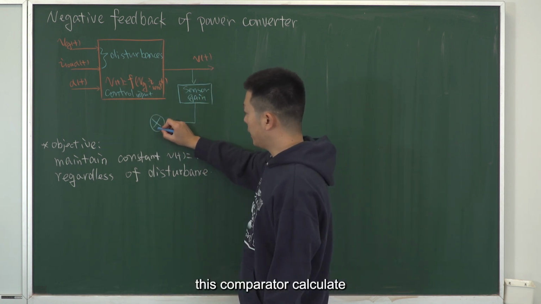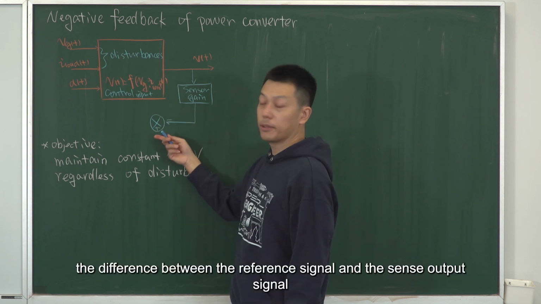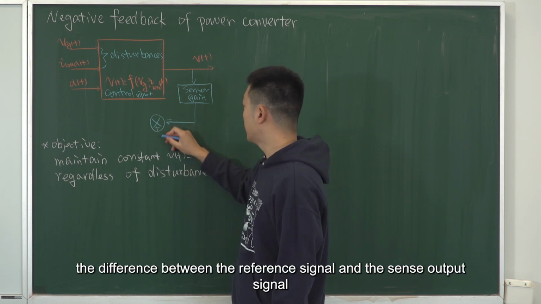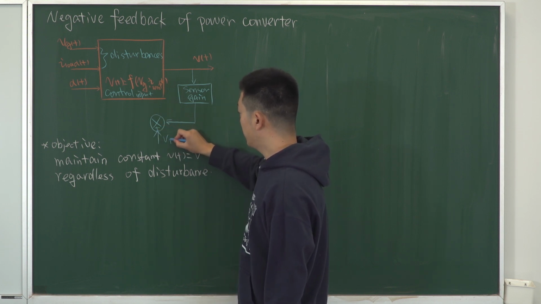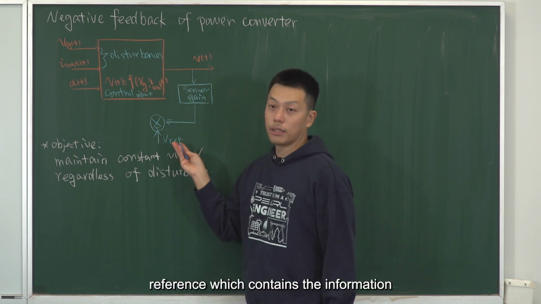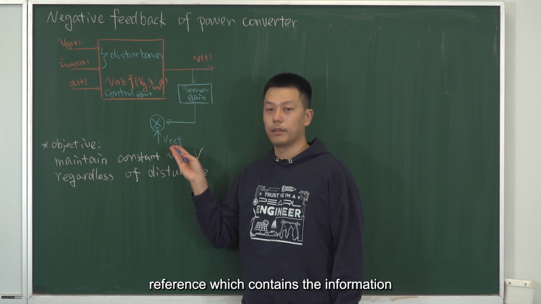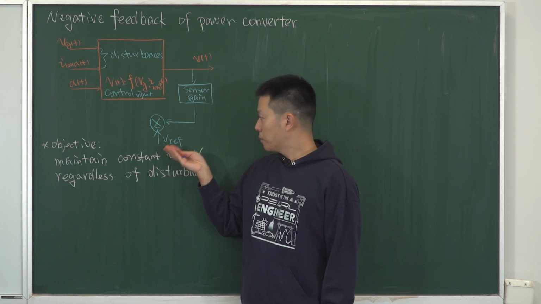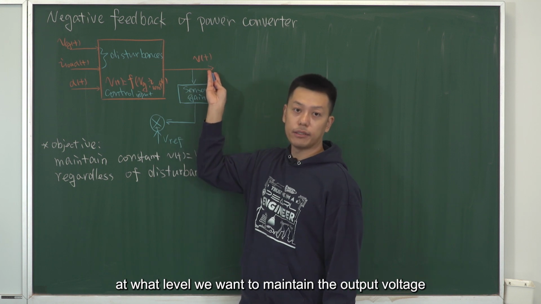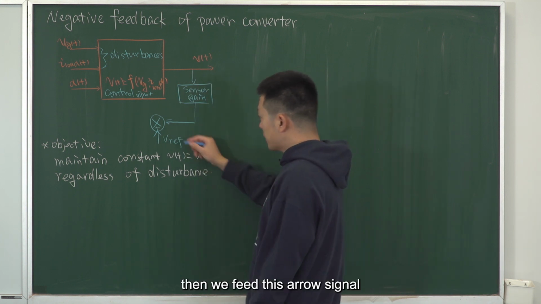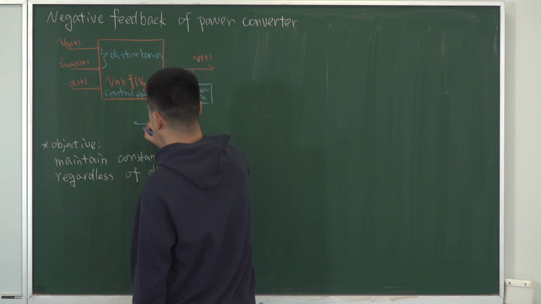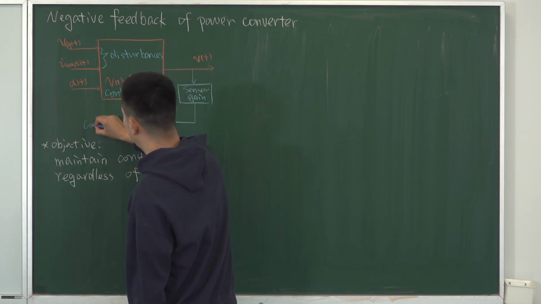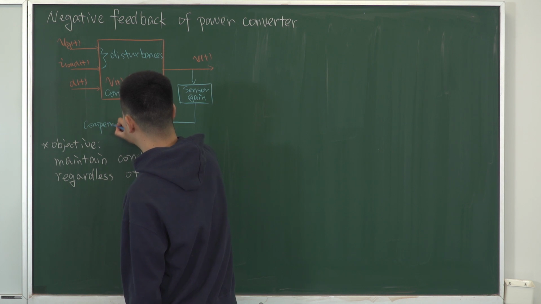This comparator calculates the difference between the reference signal and the sensed output signal. So here is the V reference, which contains the information at what level we want to maintain the output voltage, right? Then we feed this error signal into a compensator.